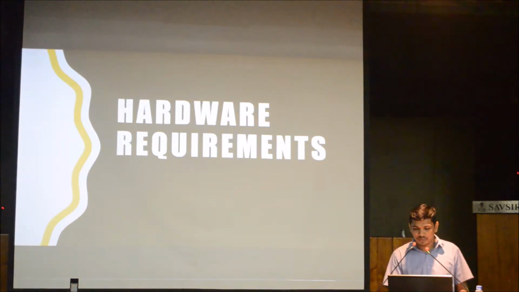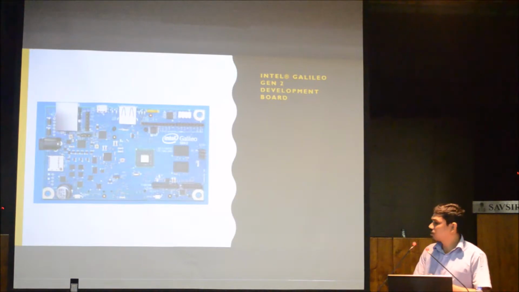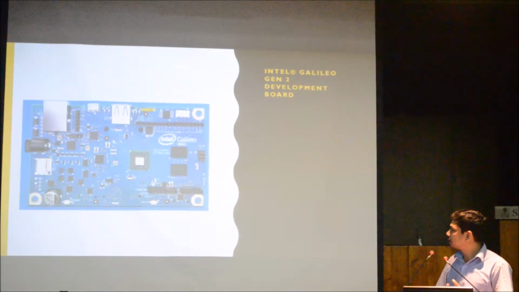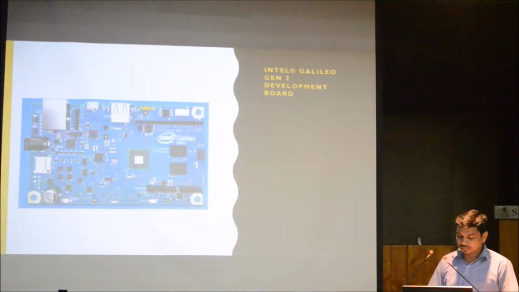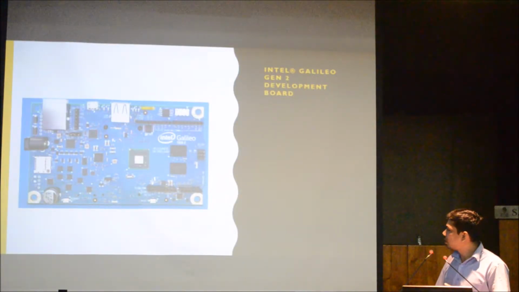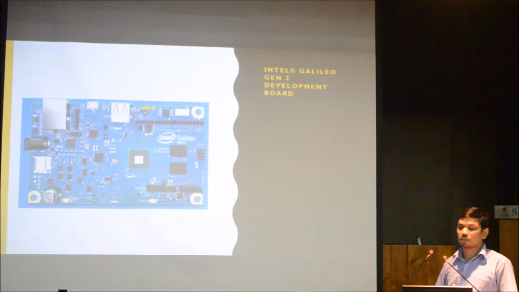So we'll move to the hardware requirements. Here I am using a Galileo board. The reason for selecting the Galileo board, compared to the Arduino board, is that it has mainly two features. One is that an Ethernet port is there, so we can directly connect it to the internet.